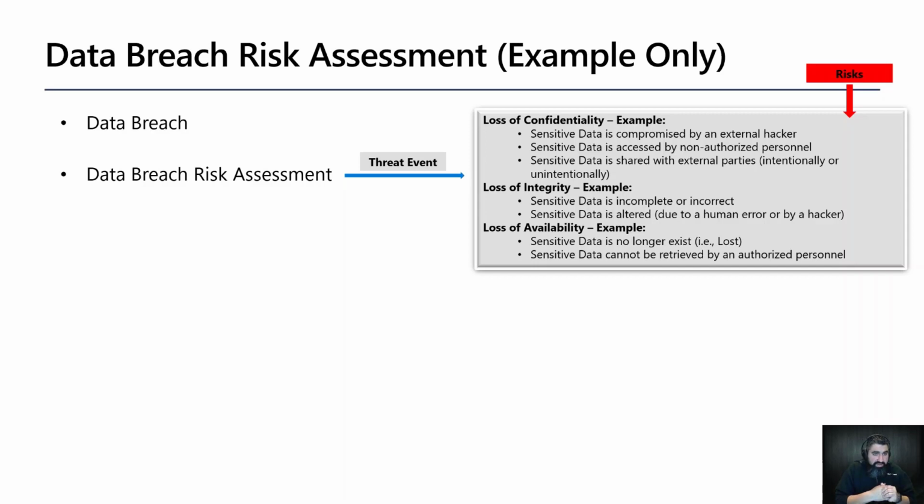The second example is when sensitive data is incomplete or incorrect or being altered in any way, shape, or form. This ultimately violates the data integrity. The last example is when sensitive data no longer exists or is no longer available. It could be lost, it could be encrypted and we don't have the key, cannot be retrieved, cannot be searched. This ultimately violates the sensitive data availability.